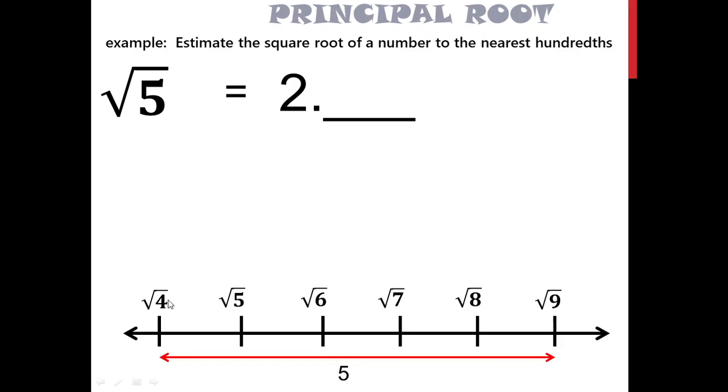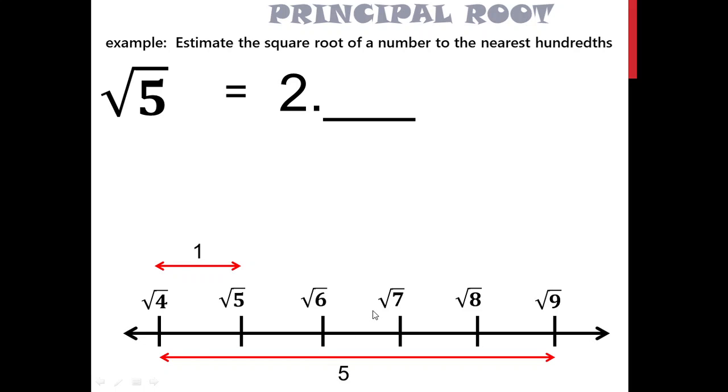So from the square root of 4 to the square root of 9, as I count this one, I have 1, 2, 3, 4, 5. The distance is 5 units. Then, next, I will compute the distance from my square root of 4 to my square root of 5, which is 1 unit.